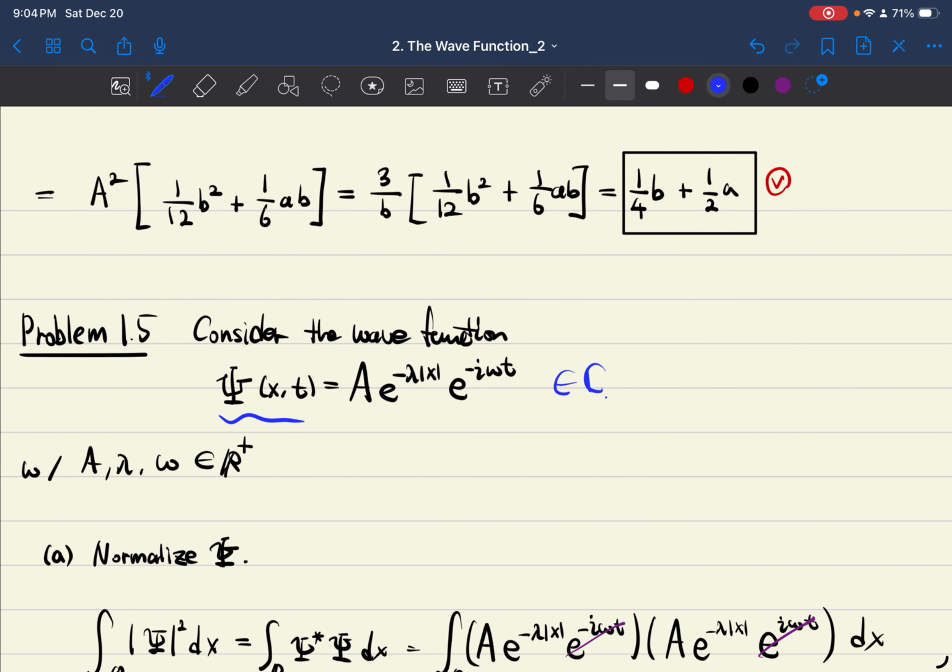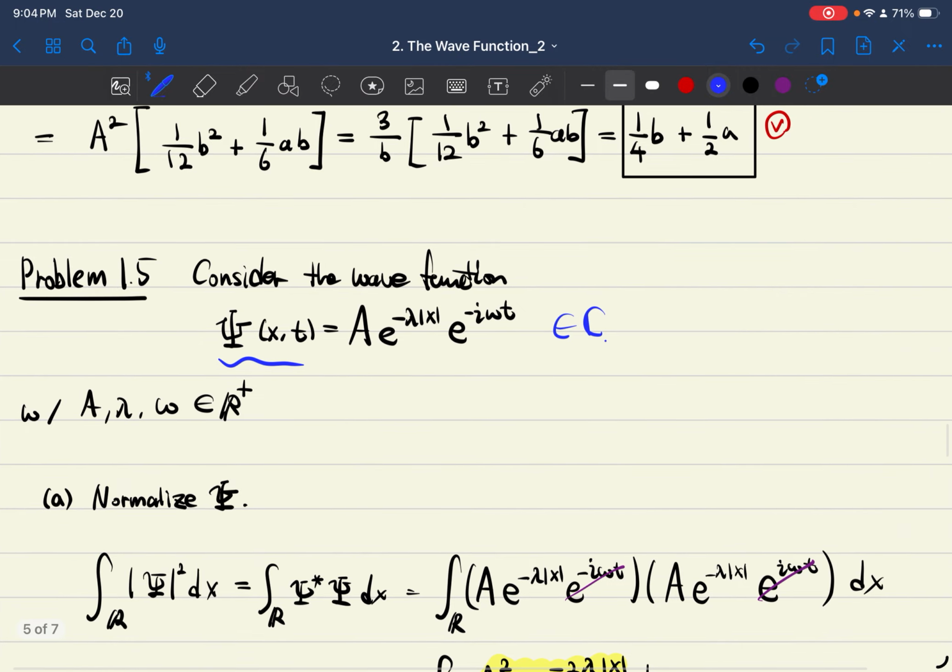So when we take the norm of this psi, we have to do the process to find the norm value, like psi conjugate multiplied with psi, like this.